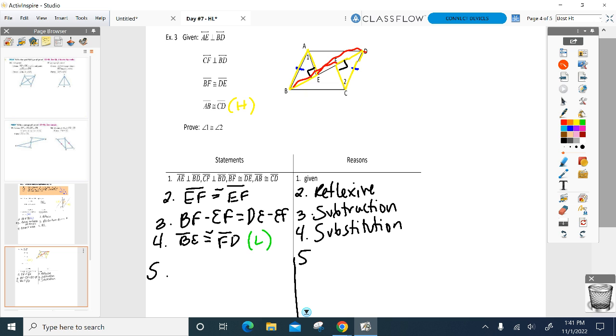Do I have that in my proof yet? So that's the first thing. I need to say I have right angles. It was given to you in the last one. You didn't need to worry about it. But now I need to say angle AEB and angle DFC are right angles. Let's do perpendicular lines form right angles.